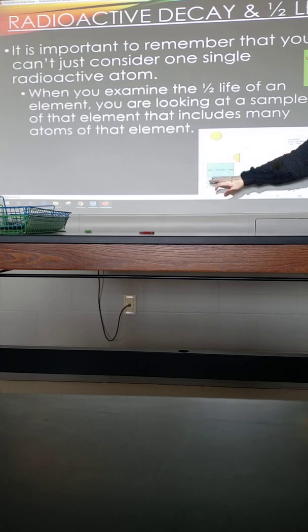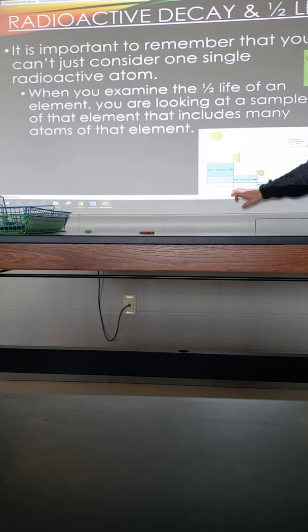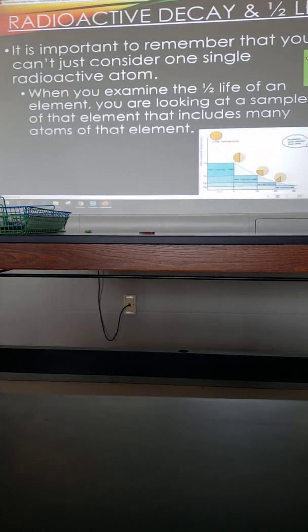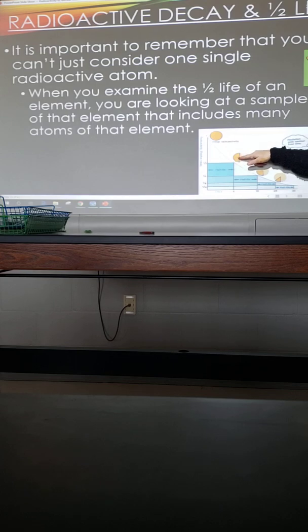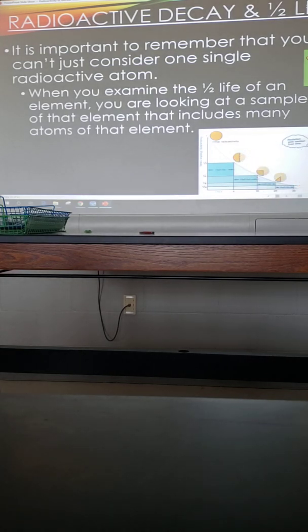And so if it would tell us this took place over 8 days, the half-life for this sample or this type of element would be 8 days. Okay, and then for half of this sample that's left to decay is its second half-life. And then for half of that to decay is its third half-life.